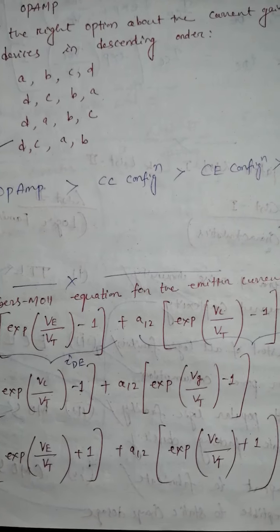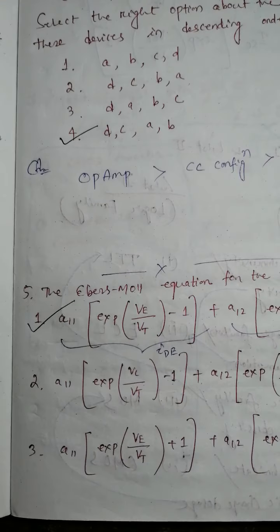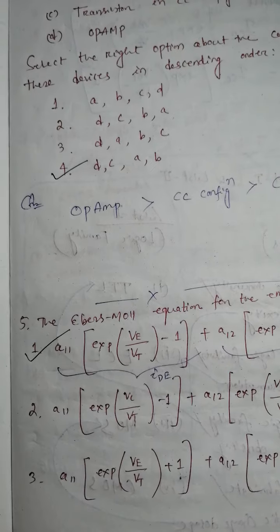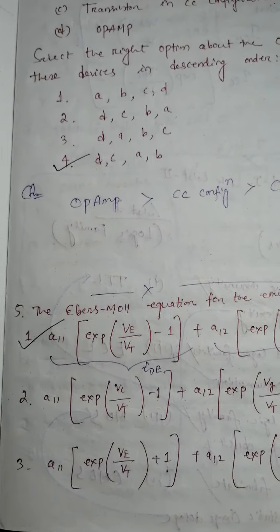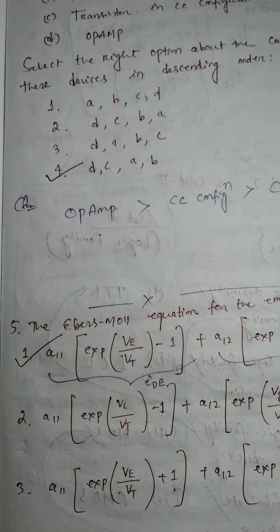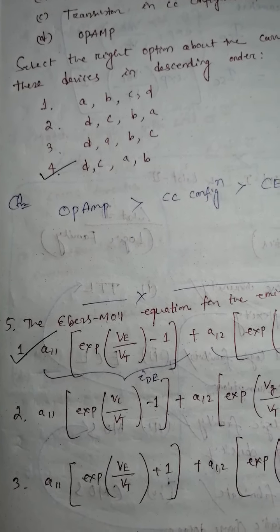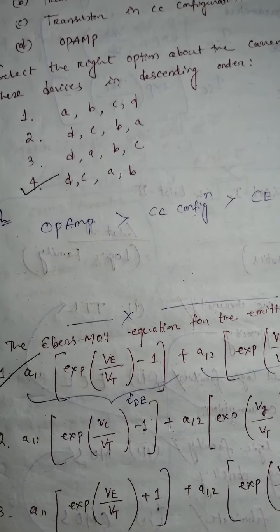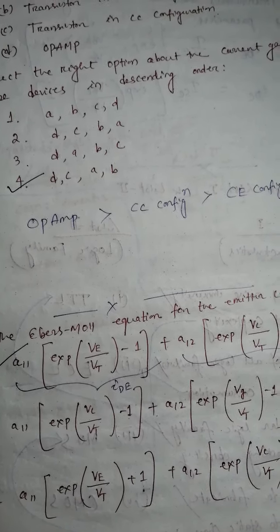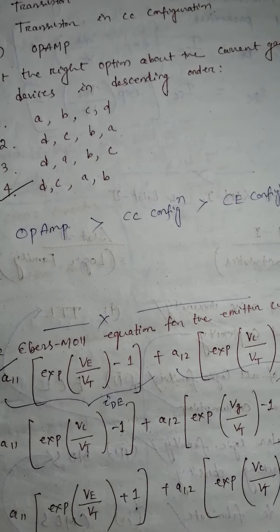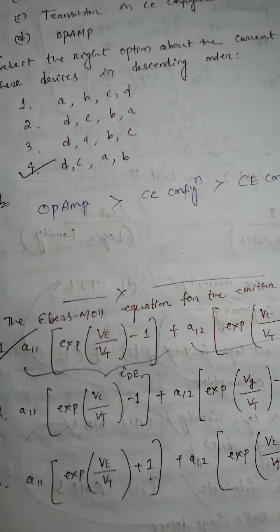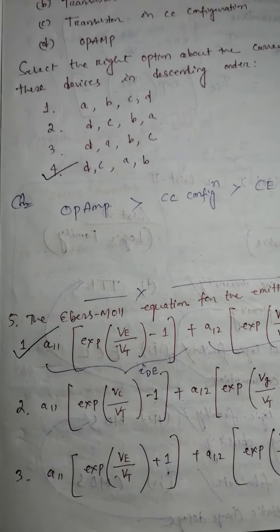Just take a look at option 1. This first part, that is small a11 into exponential within brackets V divided by Vt, minus 1, and the square bracket closes, is actually IDE, that is current.